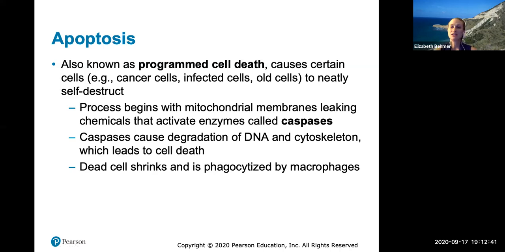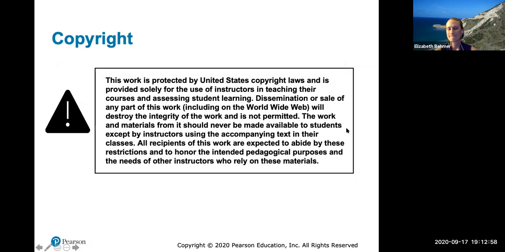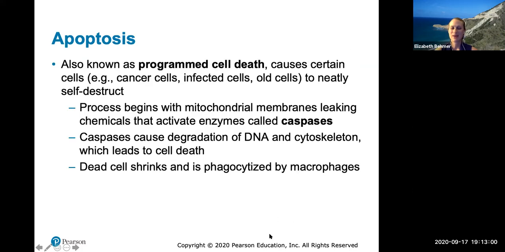And this causes certain cells to neatly self-destruct. This process can begin with mitochondrial membranes leaking chemicals that activate enzymes called caspases, and they help with apoptosis. All right, let me stop the recording there.